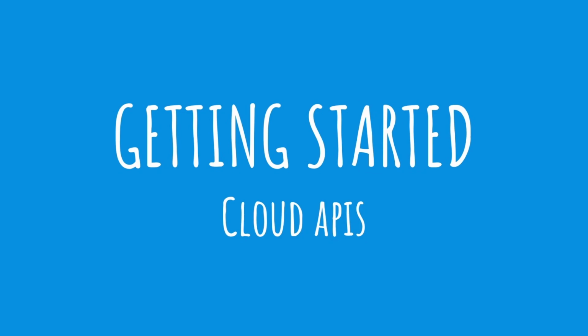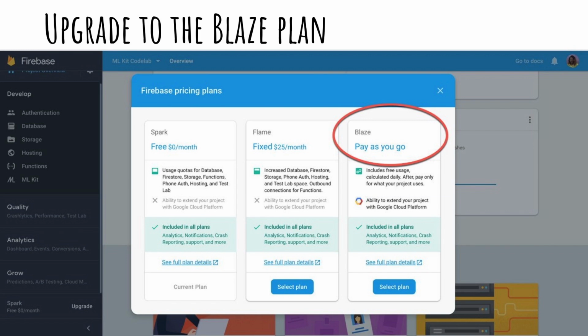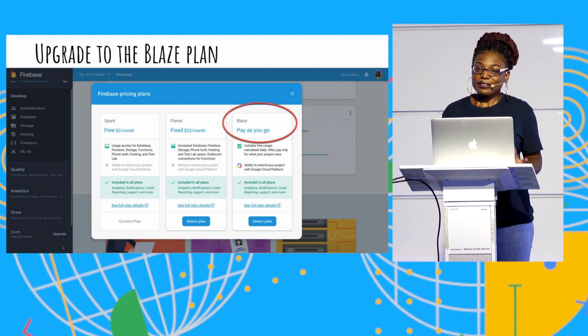So if you're using the cloud APIs, there are other things to consider. Only Blaze level projects on Firebase can use the Cloud Vision APIs. What that means is that if you are using the cloud APIs, you need to input your credit card details on Firebase, because there's a possibility you might go past your free quota and get charged.